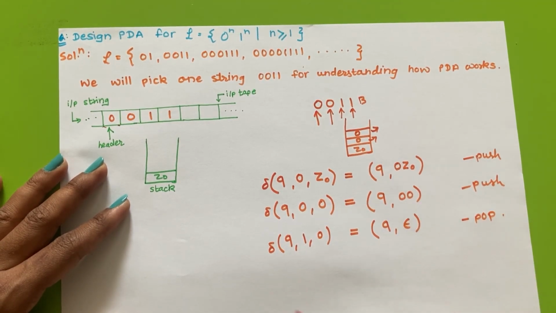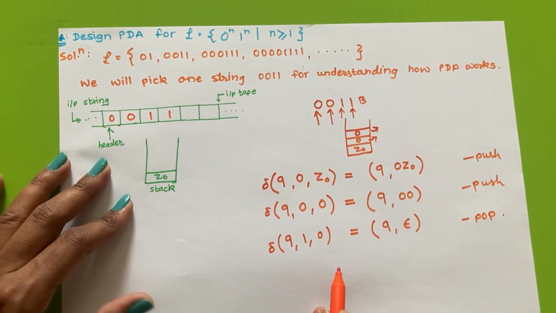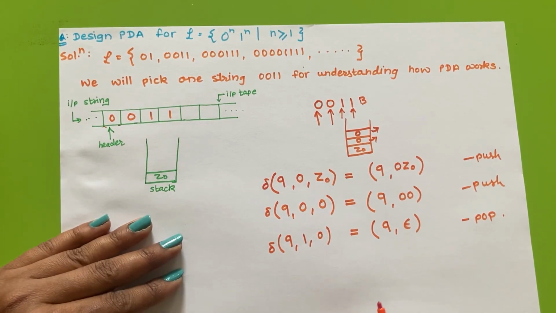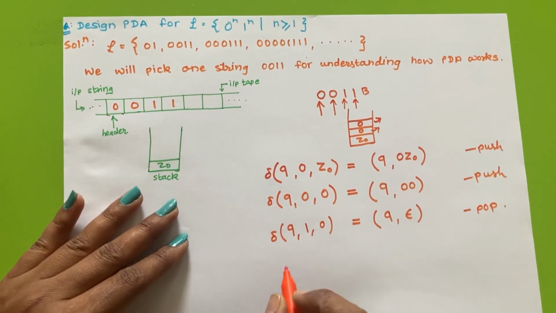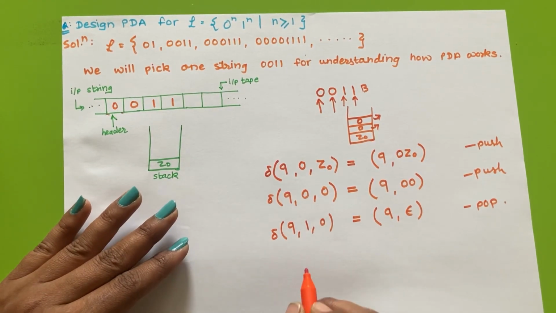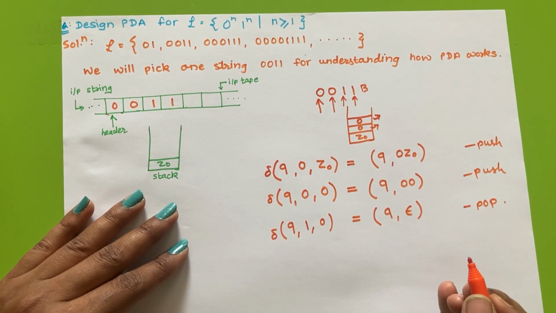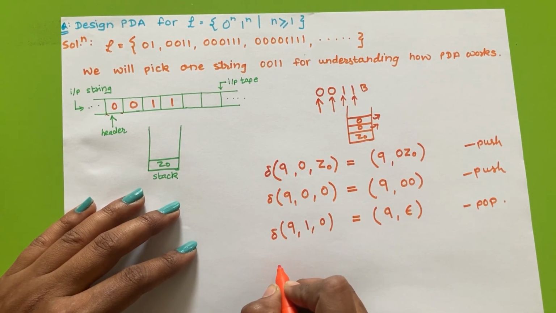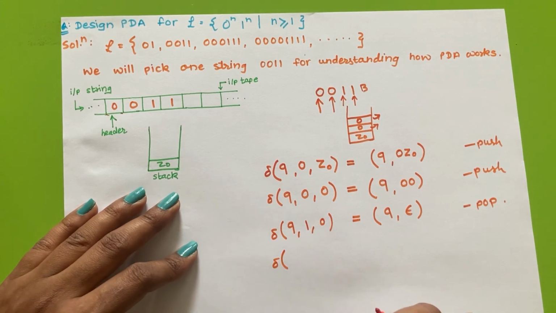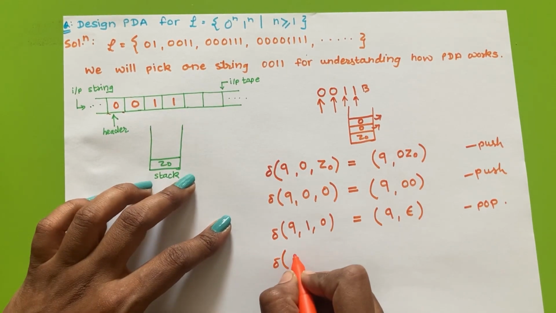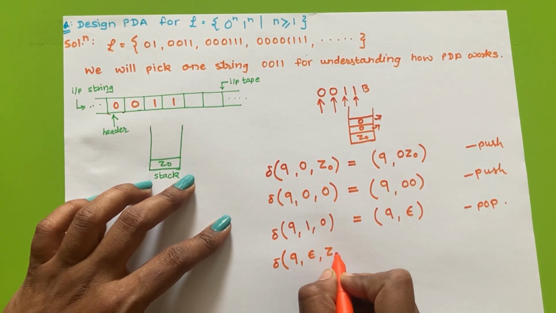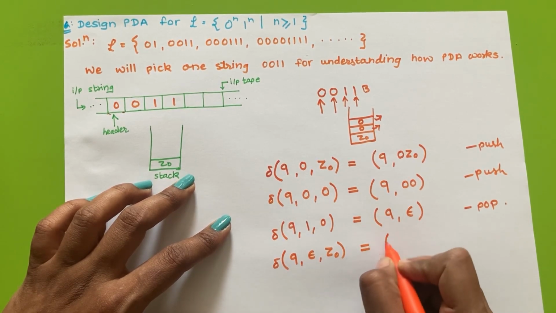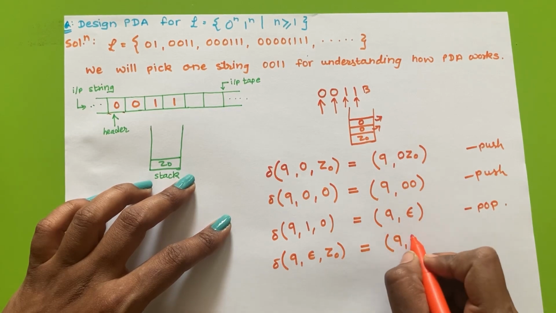Okay, and lastly we have to add the transition for acceptance through empty stack and acceptance through final state. So we are in state Q and we are reading the empty symbol, and if the top of stack is Z0 then Q comma Z0.